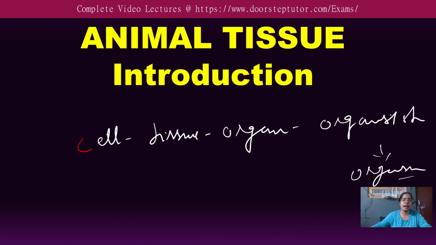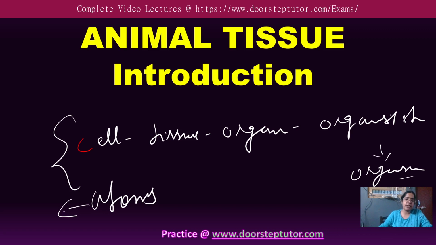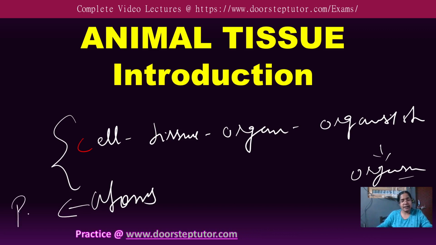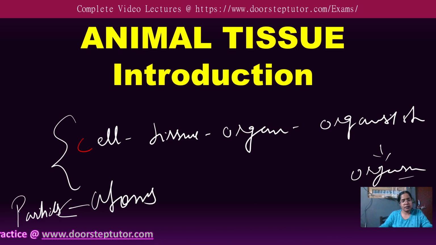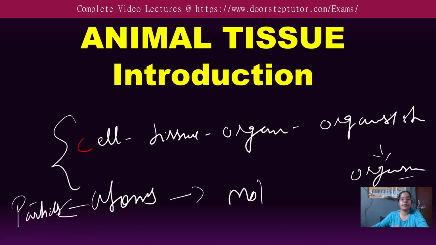So this is the hierarchy for the human body, for animal tissue. But if we talk about atoms, before the atom we have particles, then atoms, and from atoms we have molecules. That's why the molecule is after the atom.